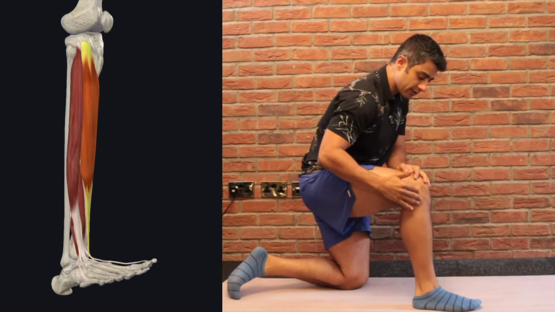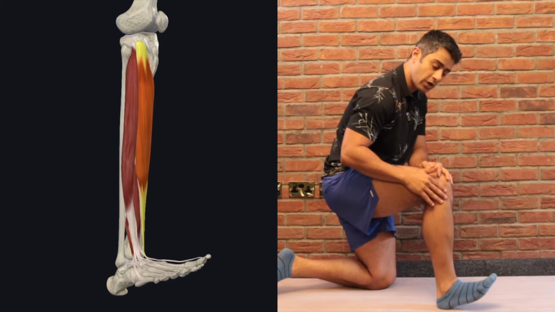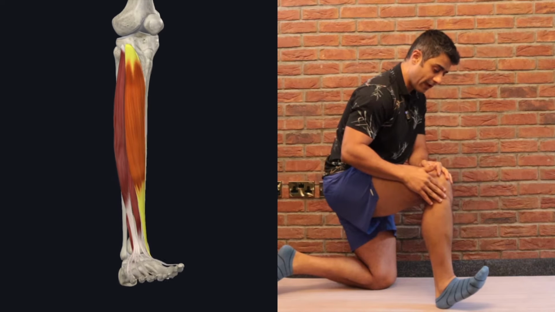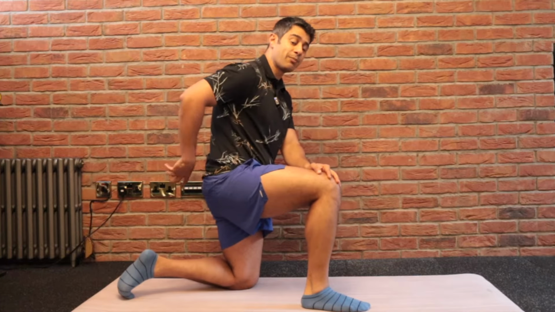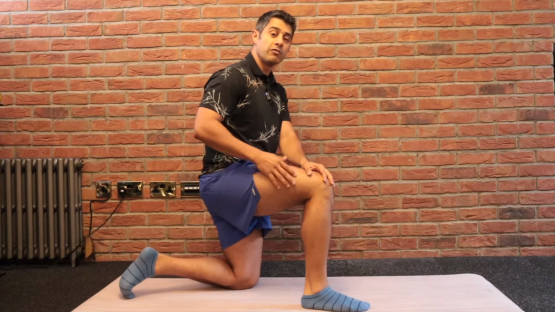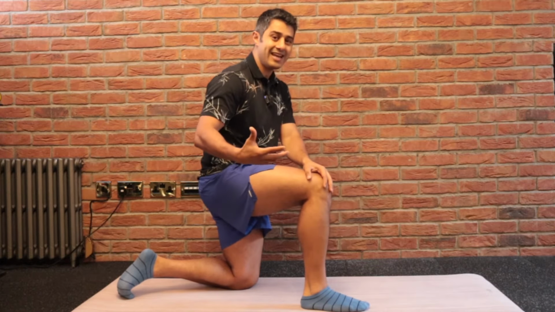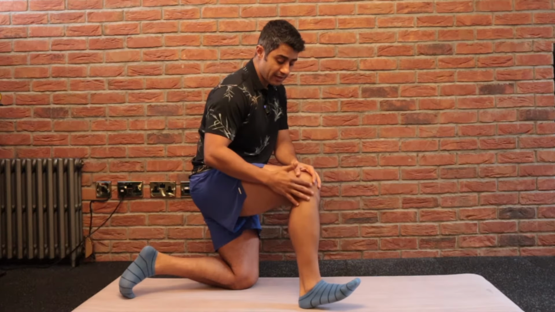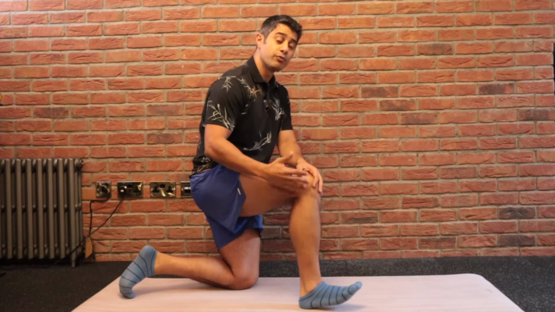Tibialis anterior dorsiflexes the foot, which means bringing the toes up in this direction. If you're suffering from foot drop due to L4, L5 disc bulges, it can affect the nerve root and cause some dysfunction of the peroneal nerve.